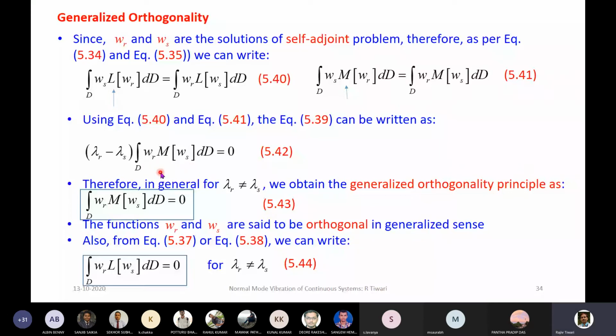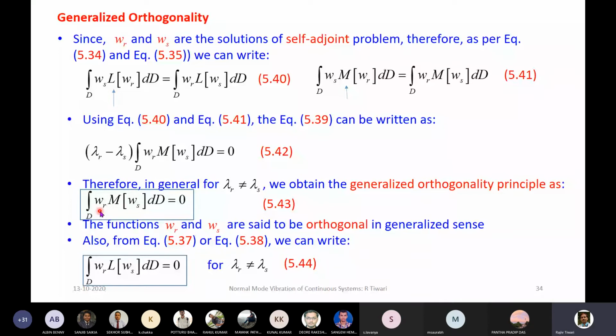Now here, because we took the two eigenvalues which were distinct, in general they are distinct, so the difference cannot be zero. If it cannot be zero, this equation will be satisfied only when this integral is zero. So if we equate this integral to zero, that is nothing but the orthogonality of the eigenfunctions with respect to the M operator.